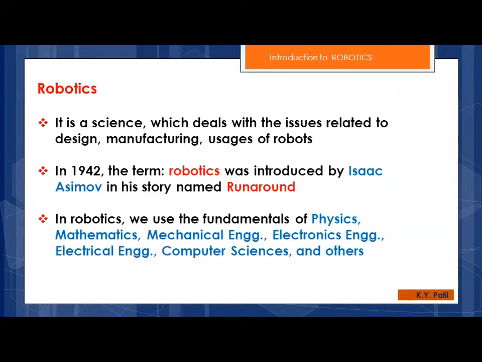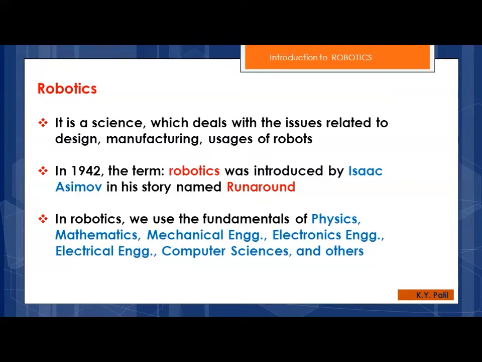Isaac Asimov wrote one story, the name of which was Runaround, and in that story he used the term robotics first. But once again, let me mention that in 1942, there was not even a single robot in this world.